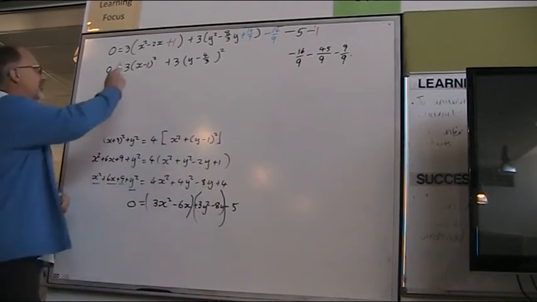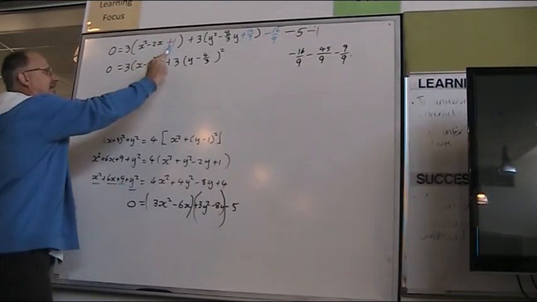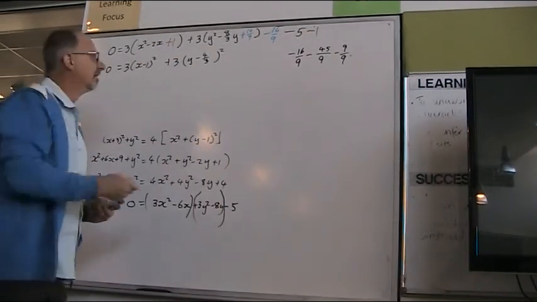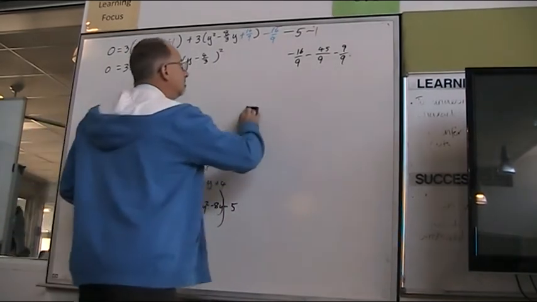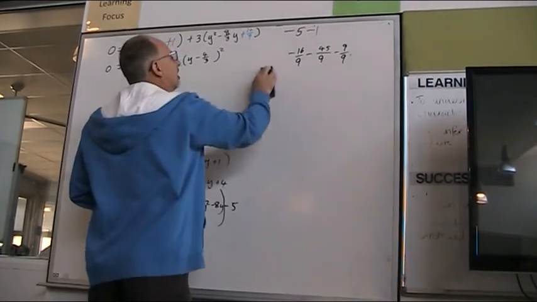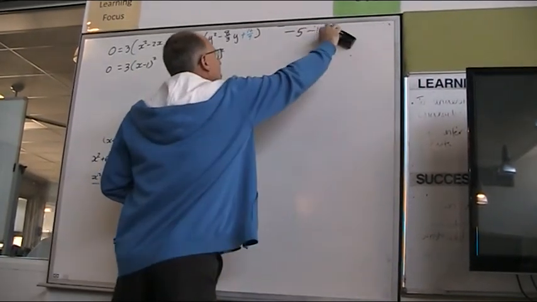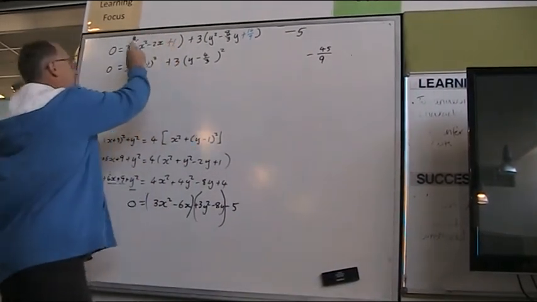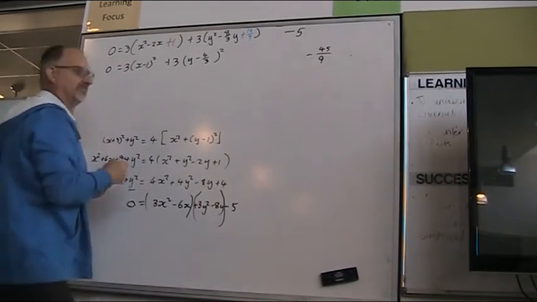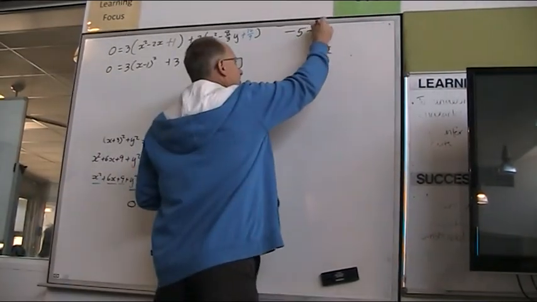Forgot to times them by 3 because all of that gets times by 3. Same as this. So yeah, you've got to be careful. Alright, so plus 1 there, but then when we times it by 3, we've got to take 3.